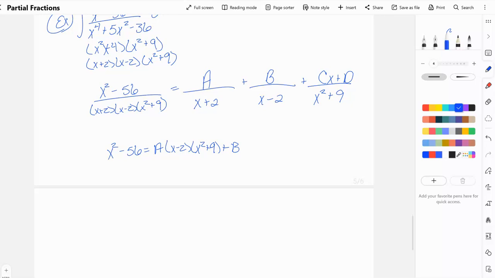This fraction needs to be multiplied by an x plus 2 and an x squared plus 9. That would give me the same denominator as here. And then this cx plus d has to be multiplied by that x plus 2 times x minus 2.